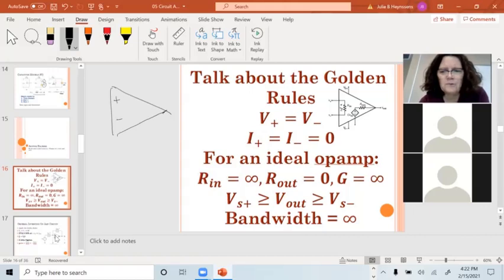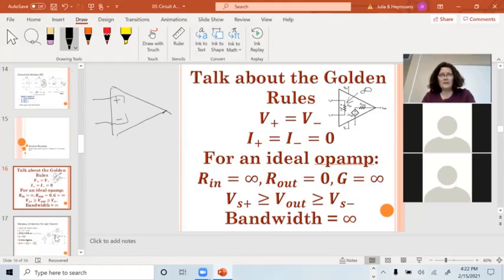So the first rule is that I make this ideal model and say that I have an infinite resistance between these two terminals. So this R_in is infinity. Infinity seems like a big number for a resistance, but you can easily find op amps that have an input resistance of a teraohm. 100 megohms is not uncommon.